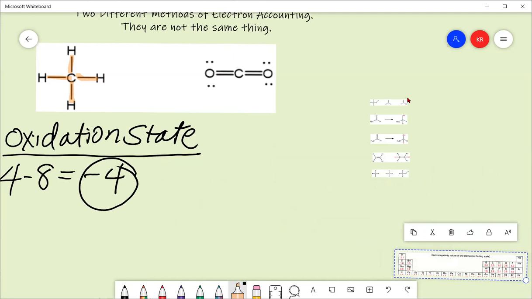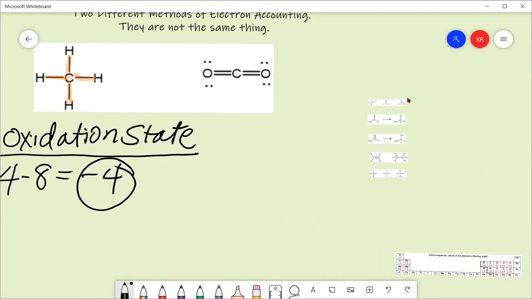Again, I'm going to start with my group number, which is 4. I'm going to subtract the electrons that I assign to the carbon. I'm not assigning any electrons to carbon because I'm assigning those 2 pairs to the oxygen and those 2 pairs to the other oxygen. So it's going to be 4 minus 0, which is equal to plus 4.